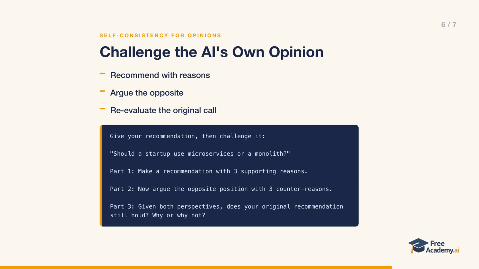This forces the model to challenge itself instead of just defending its first instinct. The result is a more balanced, better reasoned recommendation because it has already stress-tested its own opinion before handing it to you. That's the whole spirit of self-consistency applied to subjective questions.